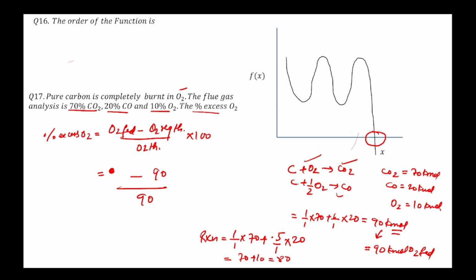So O2 reacted by the reactions is 80, O2 unreacted 10. So O2 fed will be O2 reacted plus unreacted, that is 90. So 90 minus 90 into 100, so 0% excess O2.